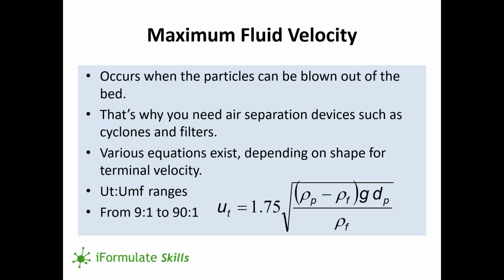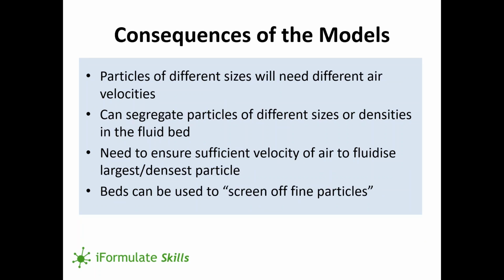Again, it's dependent upon the shape of the particles, so that range between the terminal velocity and the minimum fluidization velocity can range from about 9 to 1 to 90 to 1, depending on the properties of the particles. On the next slide, the consequence then is that different particles will need different air velocities.